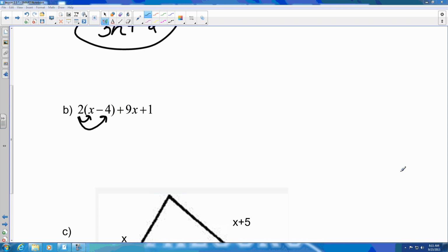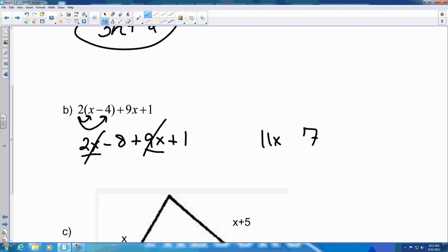So 2 times x gives me 2x. 2 times a negative 4, because it's minus, gives me a minus 8. And then I just write out the rest of my expression. So from here, I get to now combine like terms, which makes this 11x. And then negative 8 plus 1 gives me 7, but it's a minus 7.